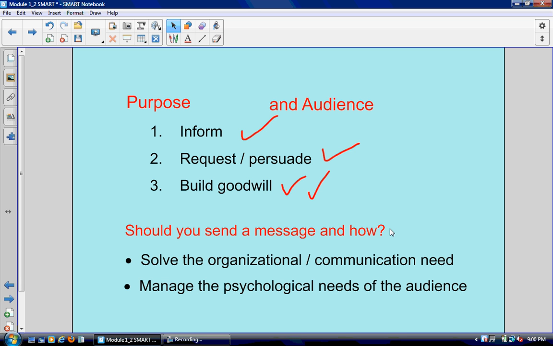Those are the kinds of communication situations where your medium or channel is probably not email. It's probably not even maybe a letter or a memo. The best way, the most human way that really takes into account the audience's psychological needs, right, is probably a phone call or a personal visit in those kinds of big request situations.